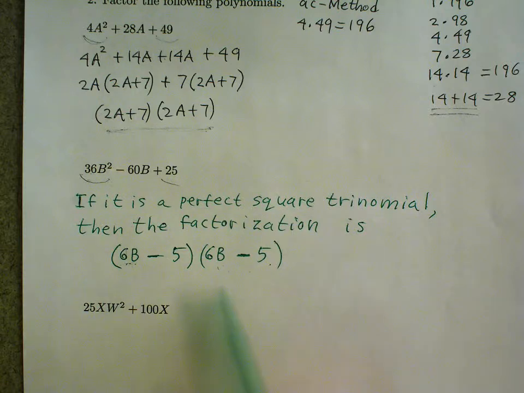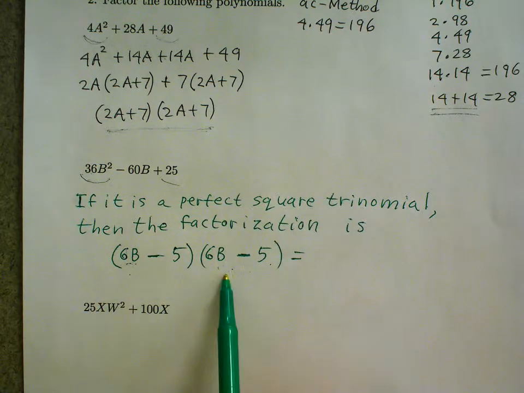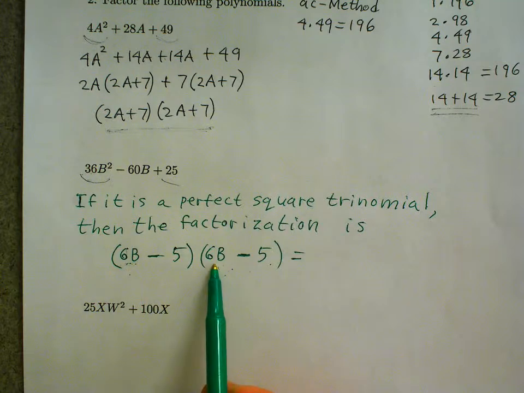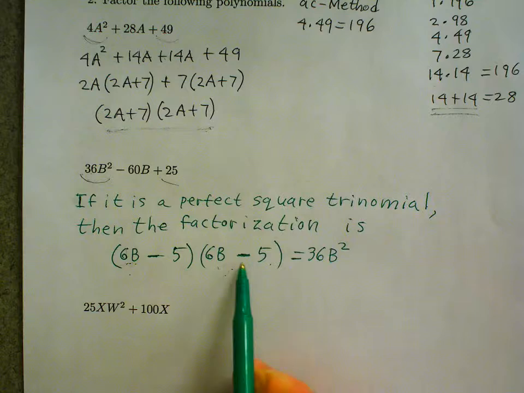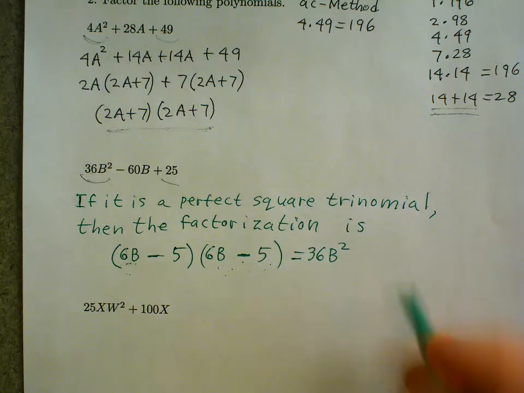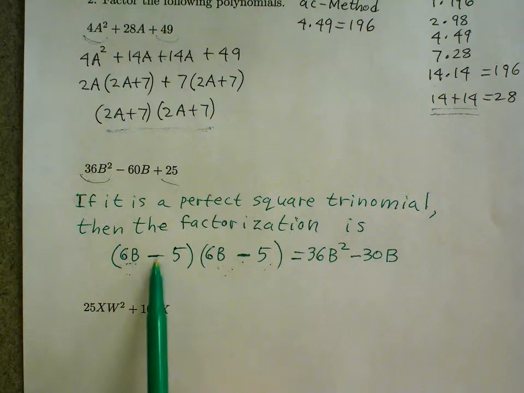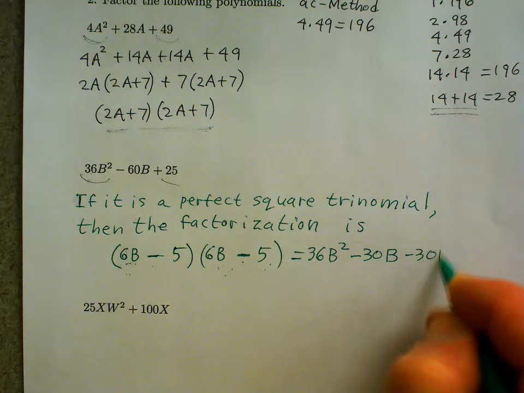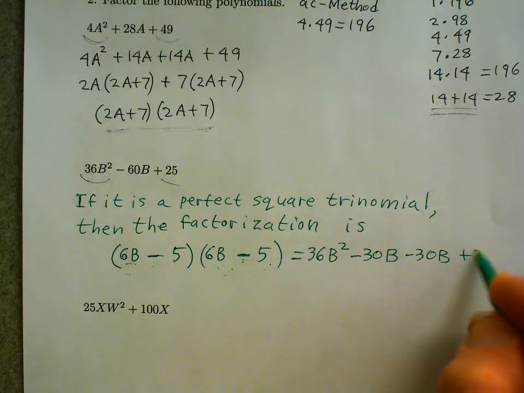We could verify by multiplying the two binomials. 6b times 6b is 36b to the second. And then minus 6b times 5 is minus 30b. And then minus 5 times 6b is minus 30b. And then negative 5 times negative 5 is positive 25.